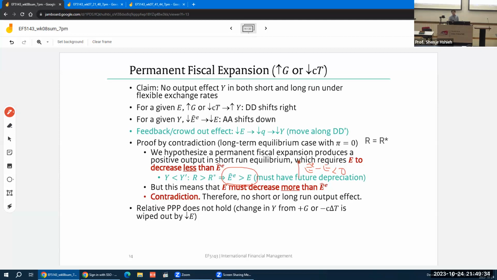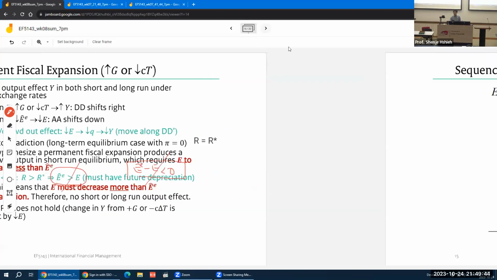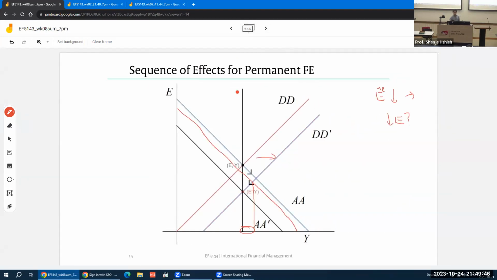These two conditions cannot coexist. So the conclusion is there shouldn't have been any output to begin with. That's the only conclusion you take away from this permanent fiscal expansion. So in the end, in the short run and long run, you must conclude that output is basically nothing. It's nothing there, and you ultimately only have a stronger currency.